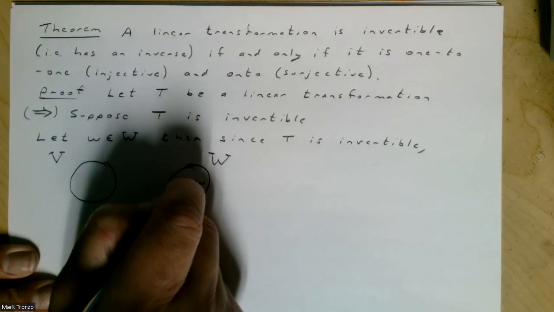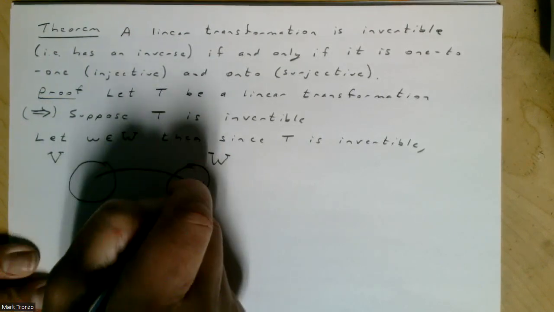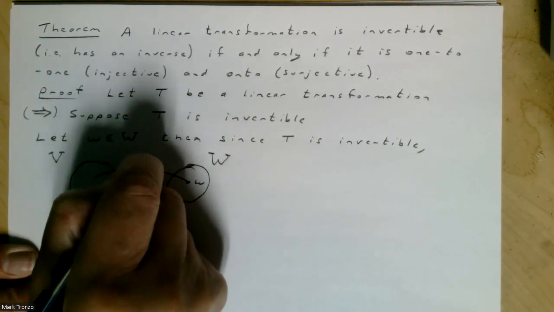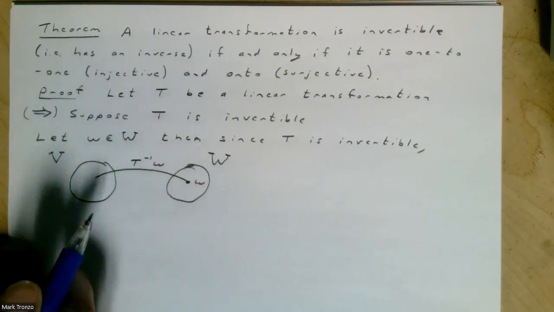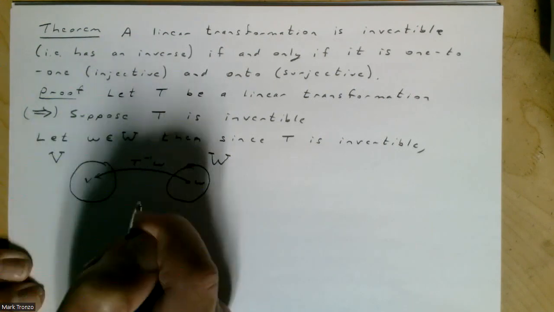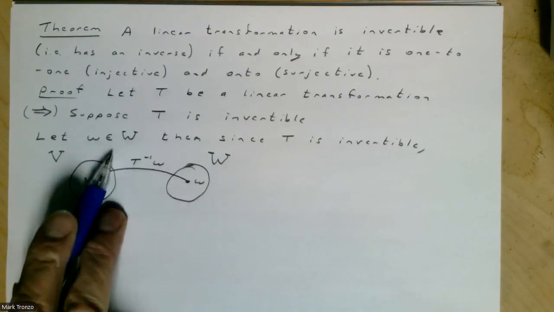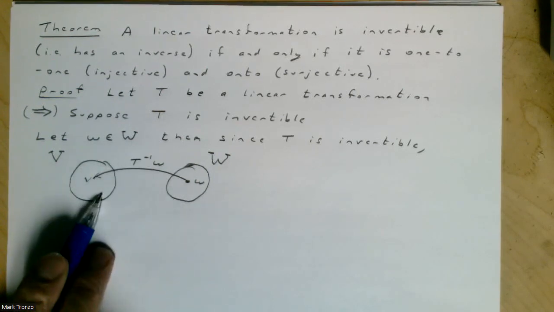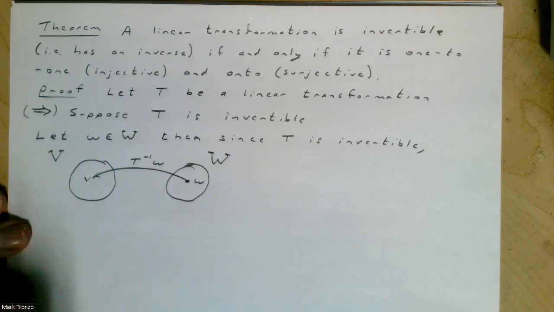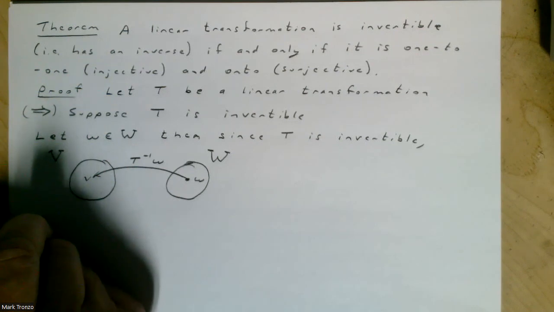So we can take anything we have in the space W, and use the inverse to take it back to something in V. And let's call that v in V. So we pick something in W, and then it's going to be something in V that it can map back to by the inverse.